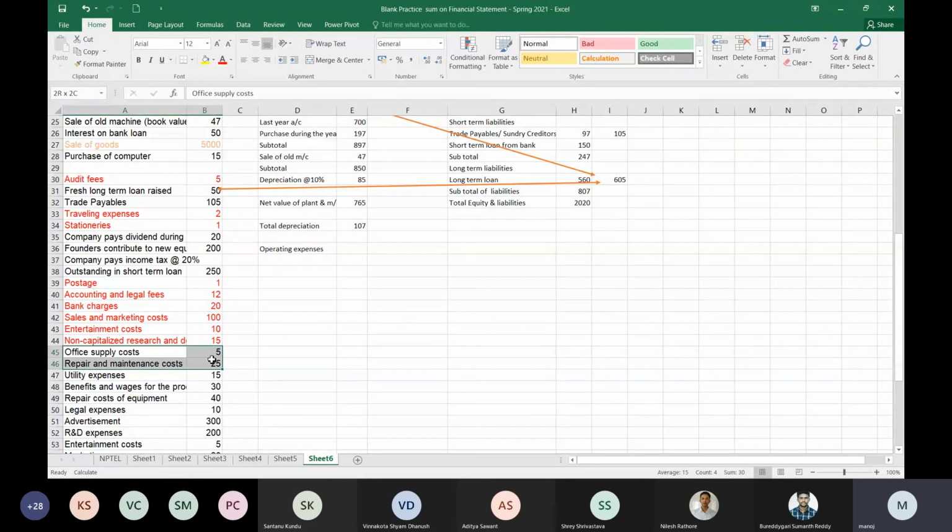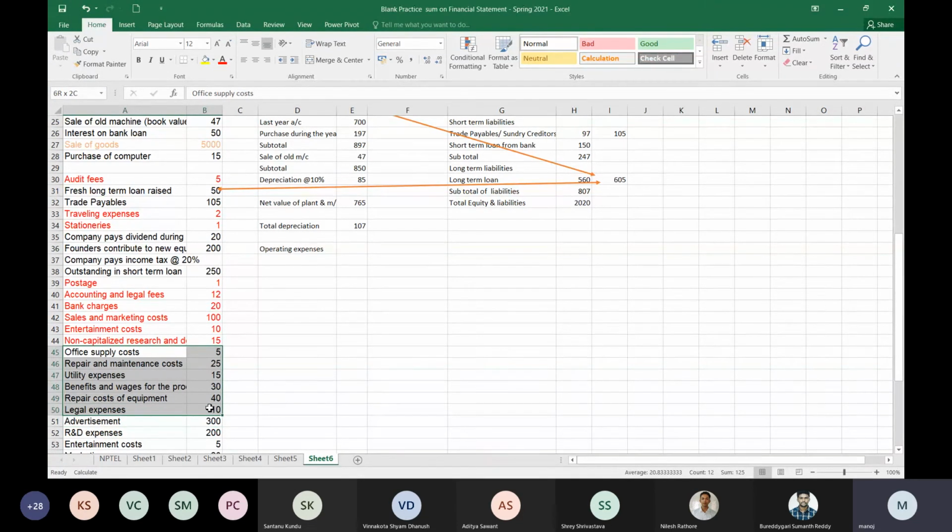Office supply cost, repair maintenance, I think it is repeated, forget about that. Utility expenses like water and some other, that are also part. Benefits, wages to the employees, or maybe daily labor. Repair cost of equipment may be repeated, forget that. Legal expenses may be repeated 2-3 times.